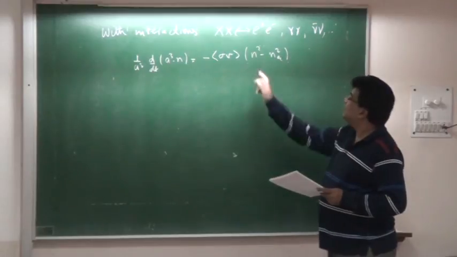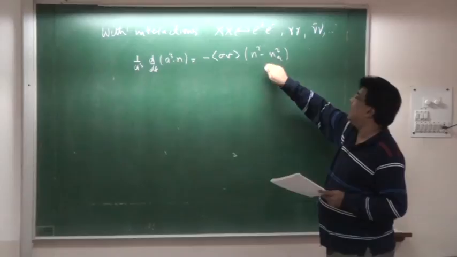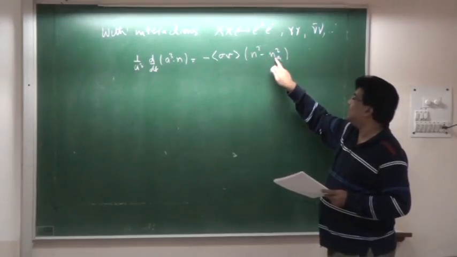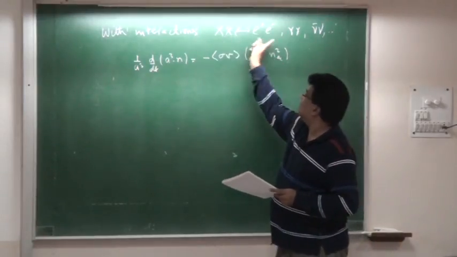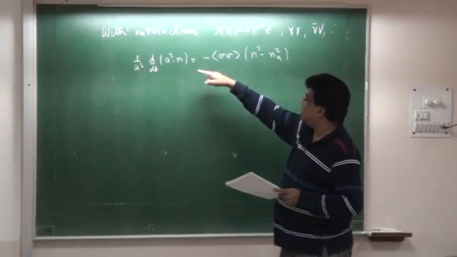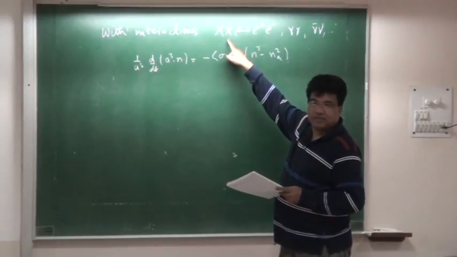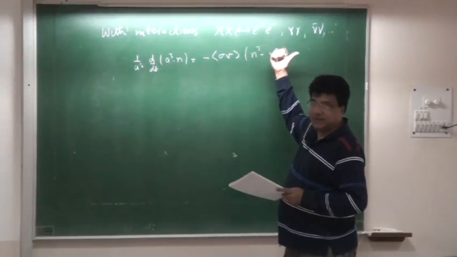The reason you have this is that there is an equilibrium number. When n is larger than n equilibrium, the equation tells you that the number density will change to decrease the number.